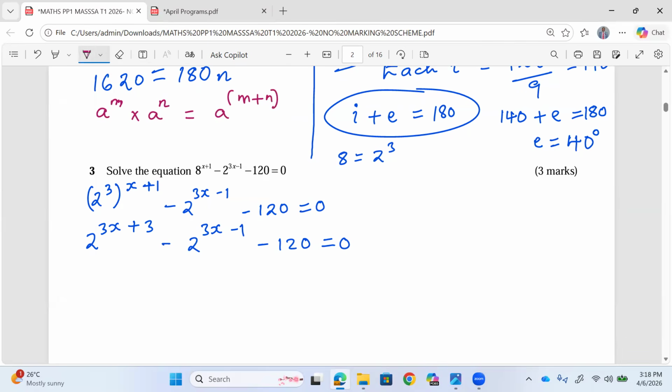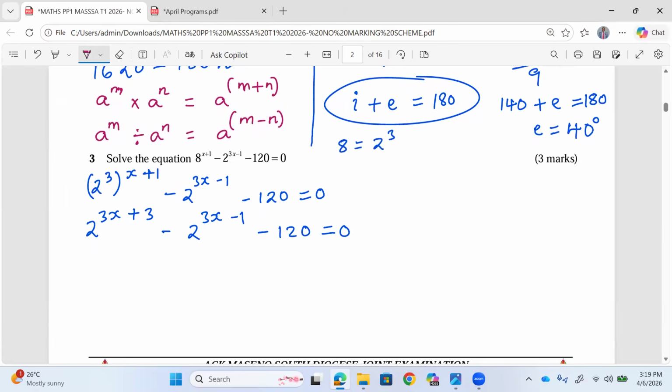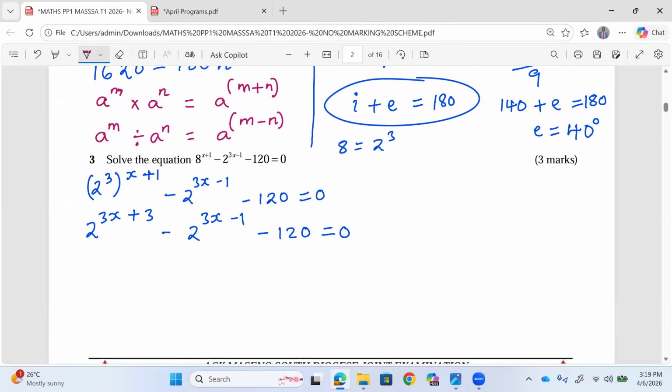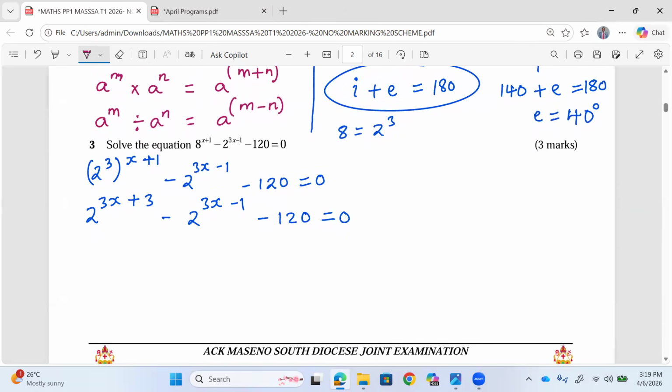That is the first law of indices. There is another law that says a raised to m divided by a power n. This is solved by taking a, then the two powers are subtracted. That's how we use the multiplication law and the division law of indices.